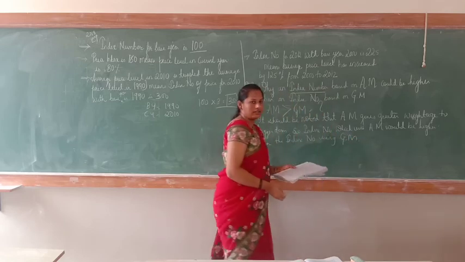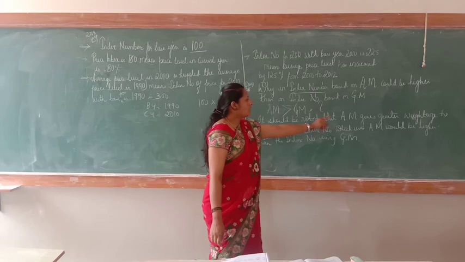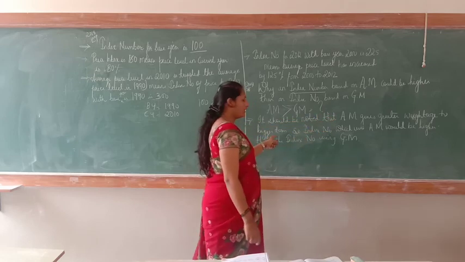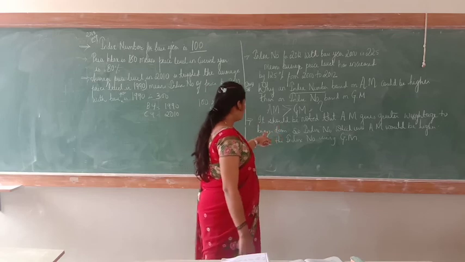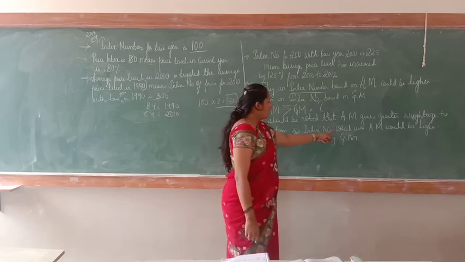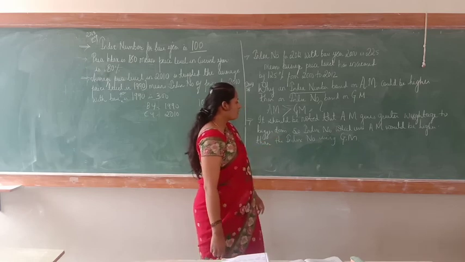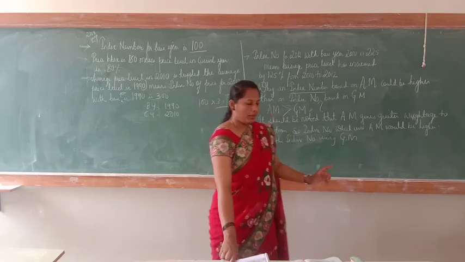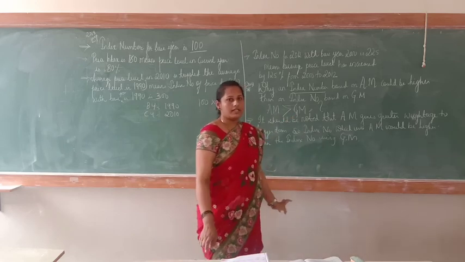So you have to write the answer like this. Arithmetic mean gives greater weightage to bigger items, so the index number which uses arithmetic mean would be higher than the index number using geometric mean. Remember, in index numbers the arithmetic mean is always greater than the geometric mean.